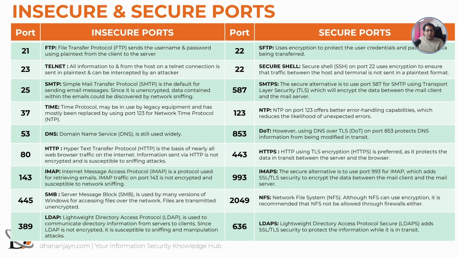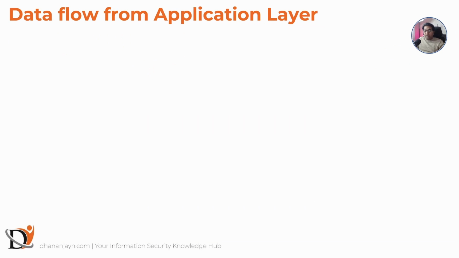So friends, you can pause at this time and go through all these insecure and secure ports. You can make a note of this so that you can refer to them later in your day-to-day life. With this, we come to the end of the application layer.